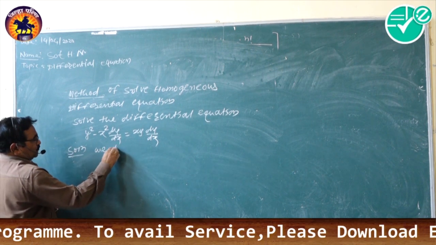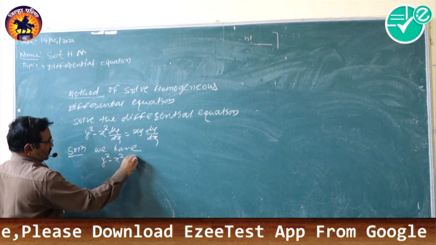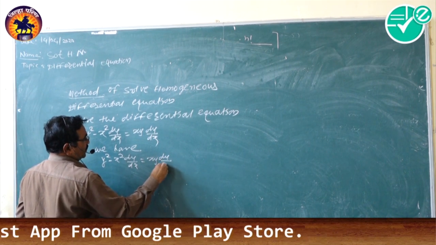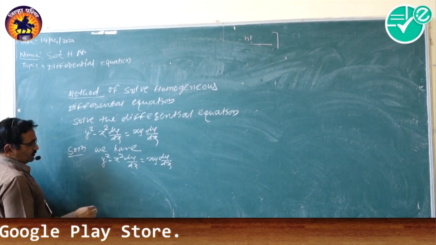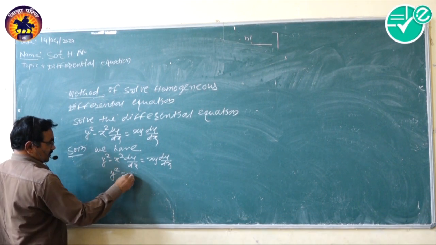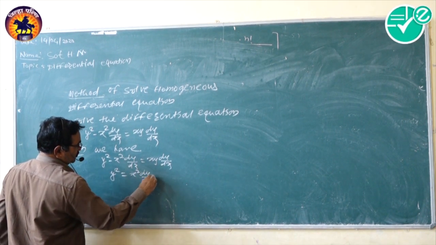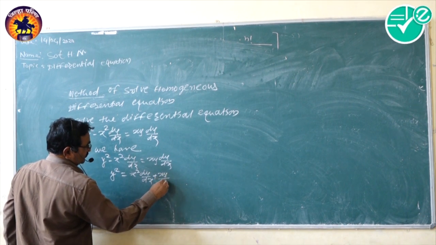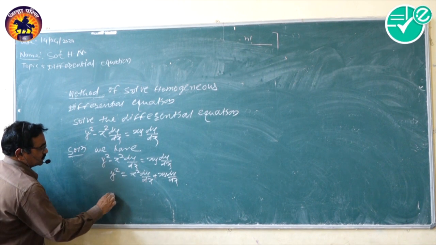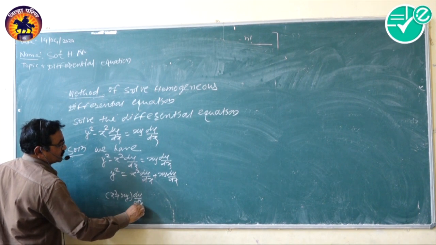Solution. We have y square minus x square dy by dx equal to xy dy by dx. This is equal to y square equal to x square dy by dx plus xy dy by dx, which is x square plus xy dy by dx equal to y square.